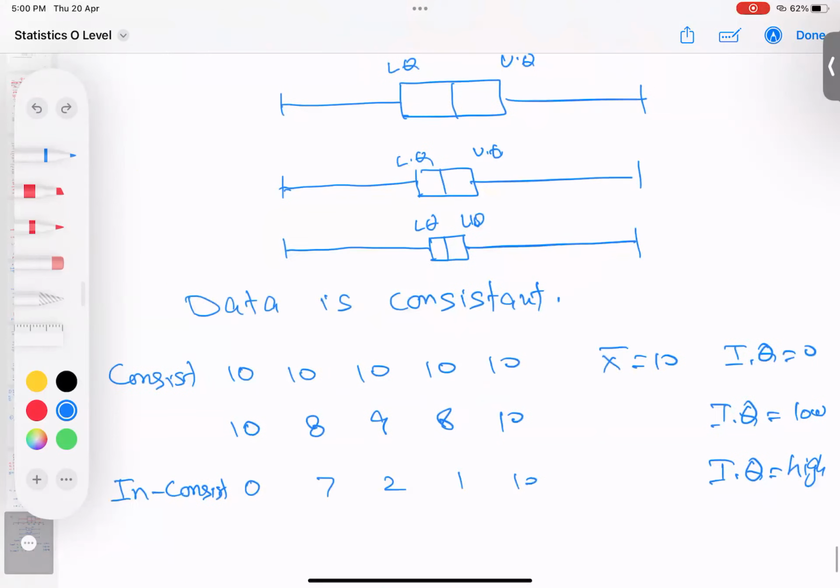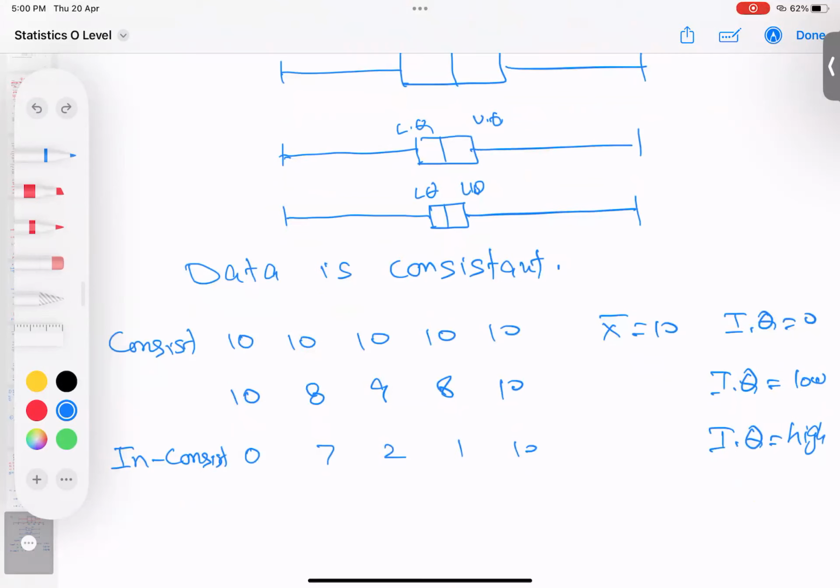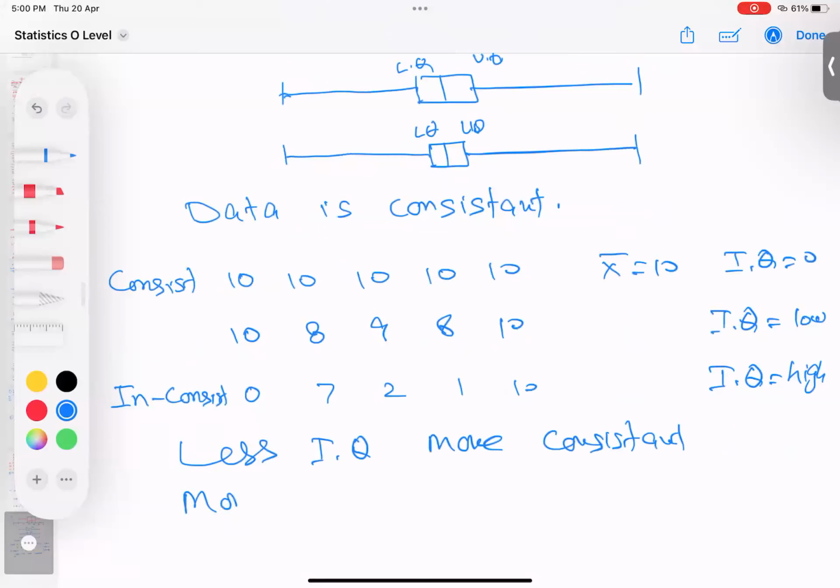So, short story, I'm repeating my words: less IQ, more consistent. More IQ is less consistent. I believe you got some idea, and you can understand even.